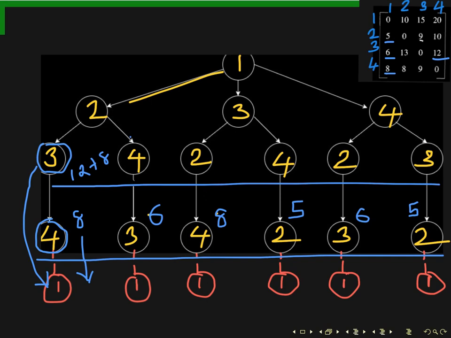And the min cost from this vertex 4 is going to be the distance from 4 to 3. 4 to 3 is 9, so it will be 9 plus 6.